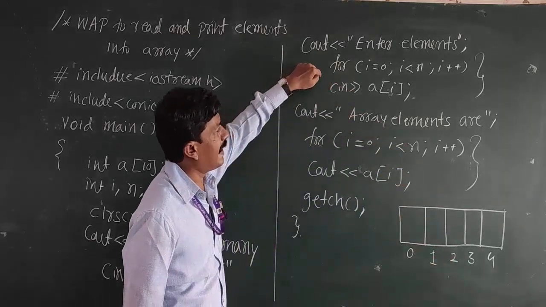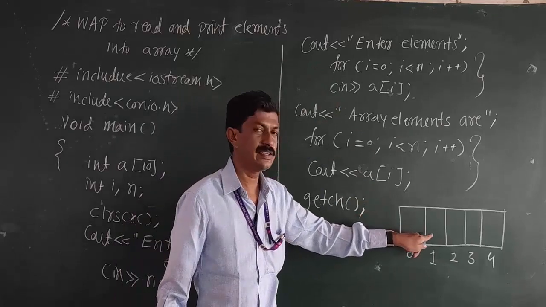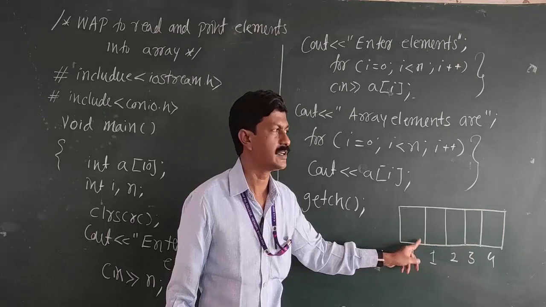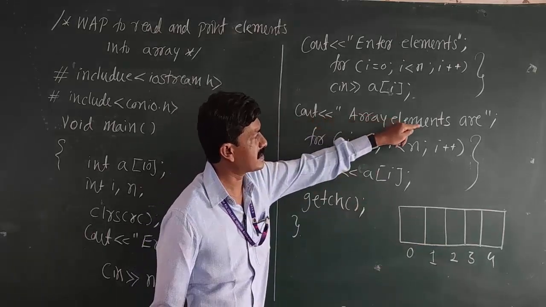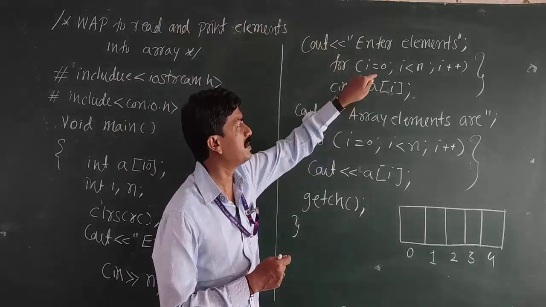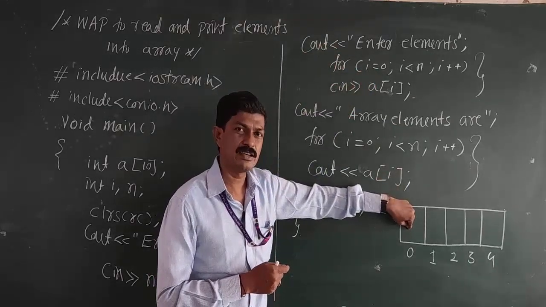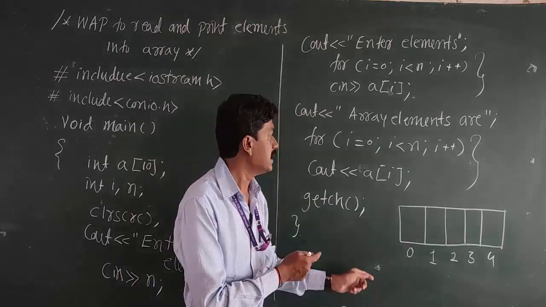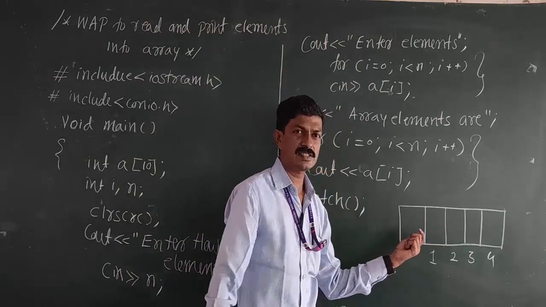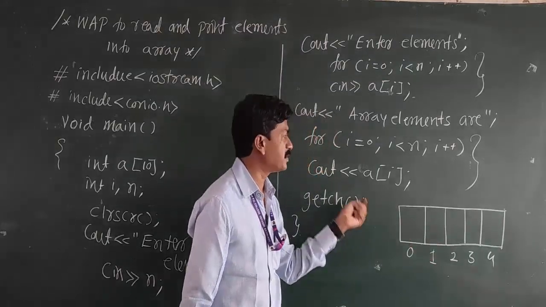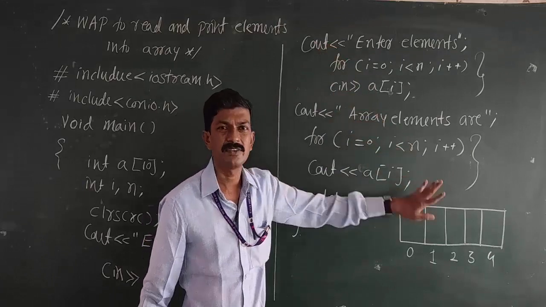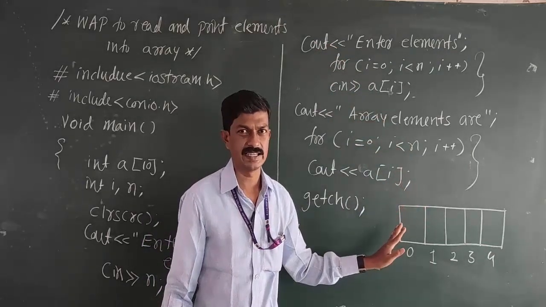In this for loop, I am visiting each and every index of the array for storing an element. In the next for loop, I am visiting each and every index of this array for printing the elements which are already stored in that array. It is nothing but a traversing operation in a linear array.